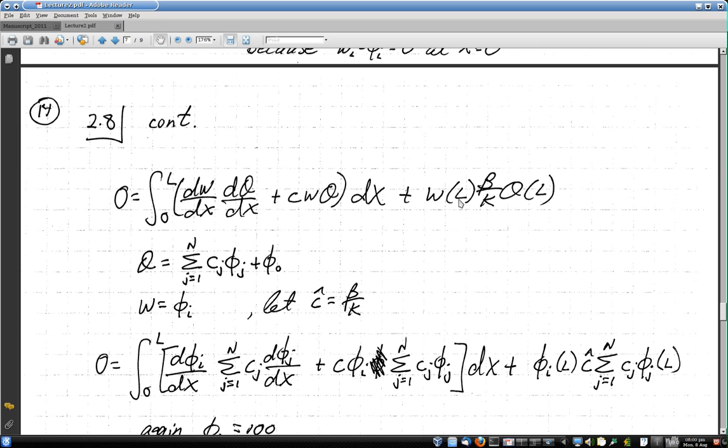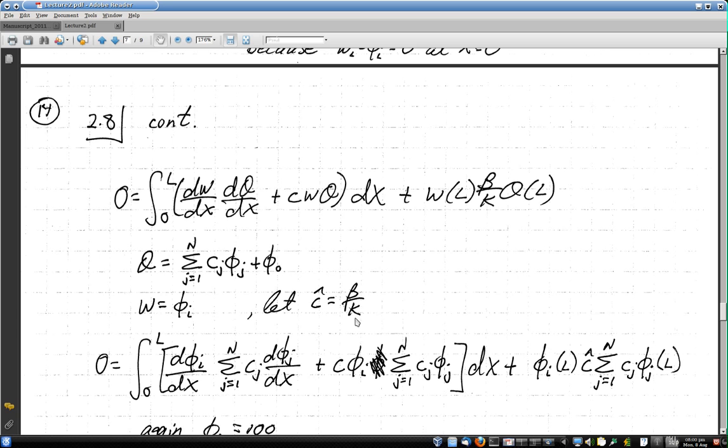Alright, so substituting these in from here, I get this form of the equation. And again, phi naught is 100, and letting this be our function here. Keep in mind, this is a guess, so this is one type of function we could use to solve this problem. We'll get into later how we can use different types of functions, but this is just one that happens to work for this problem.